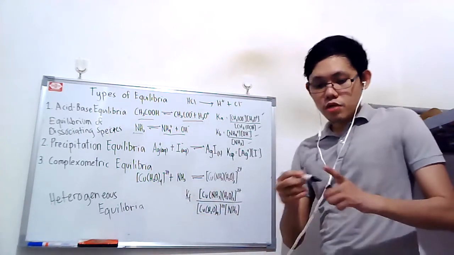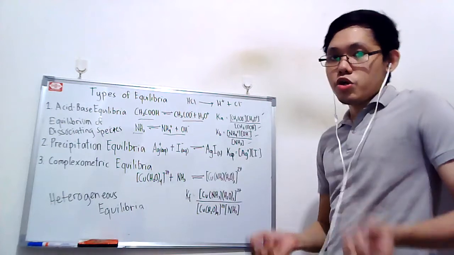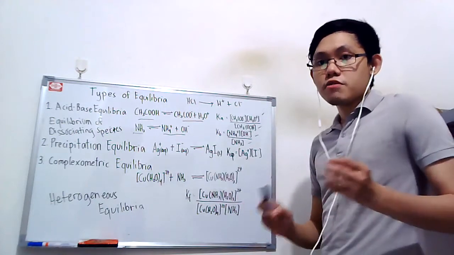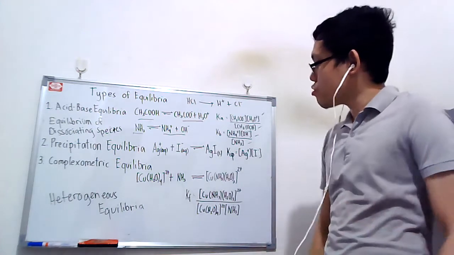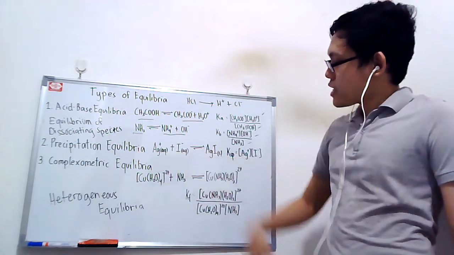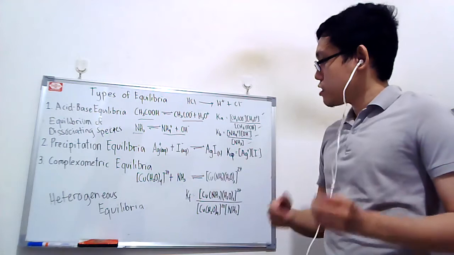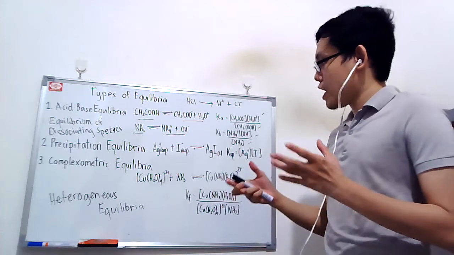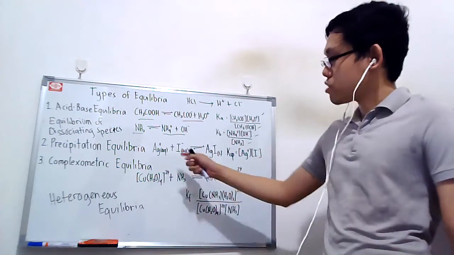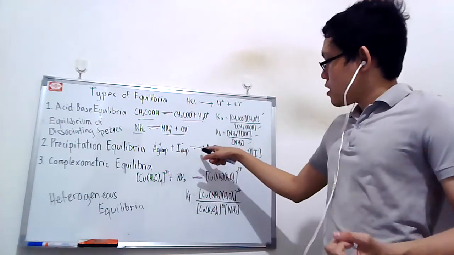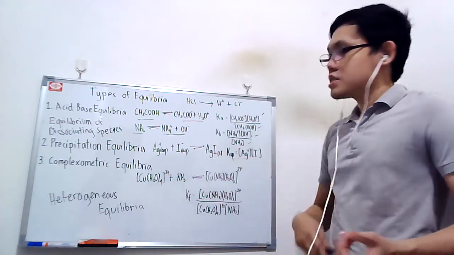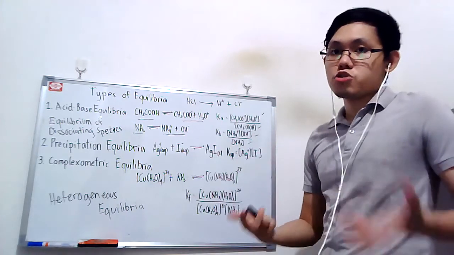Heterogeneous equilibria, ibig sabihin, you have two different phases sa reactant at sa product. Dito, ang example natin is silver ion reacts with iodide ion, both in aqueous phase, and then it produces your silver iodide, which is a solid.